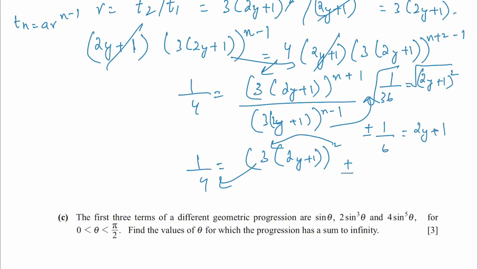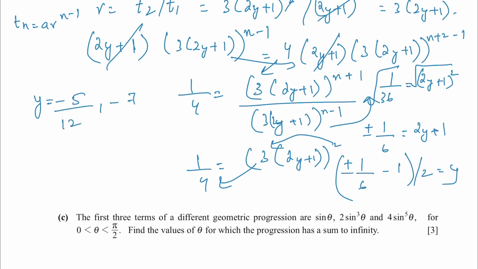And what we can do is subtract 1 from this part and then divide by 2. So this would be our final answer. Our final answers would look like y equals negative 5 over 12 and negative 7 over 12.